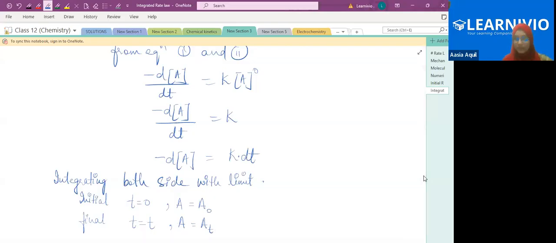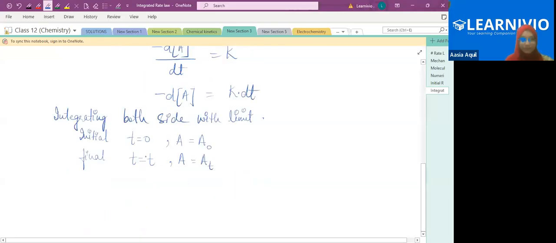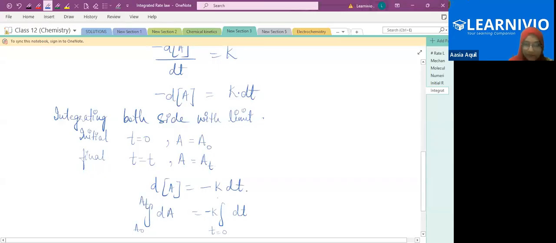Okay, let's integrate. First, put the minus sign on the right side. So it's minus K into dt. Now integrating d[A] with limits, and the minus constant stays outside. So the limits are from A naught to At, and on the right side, t is from 0 to t.